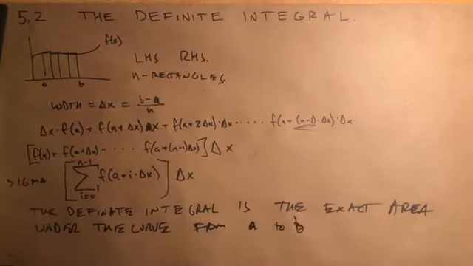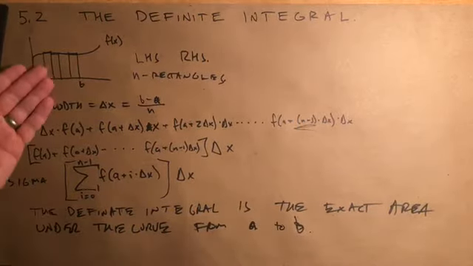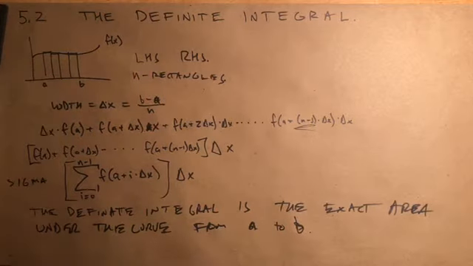I guess I used lowercase before, so I'll use lowercase again. And so the exact area. So what am I going to do, friends? How am I going to get this idea of an estimate to an exact value?